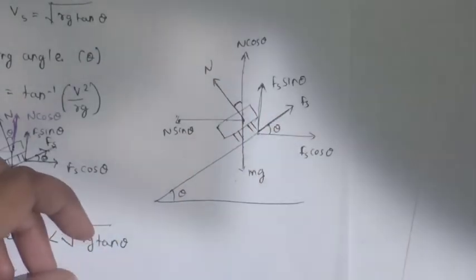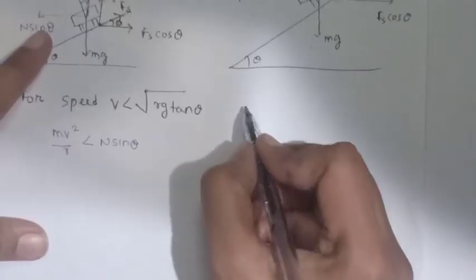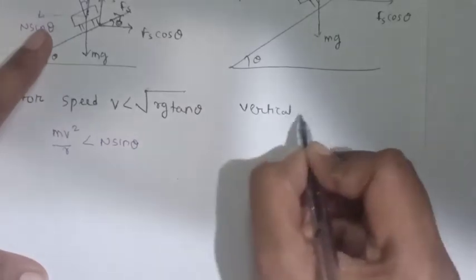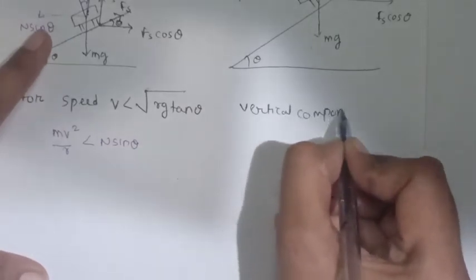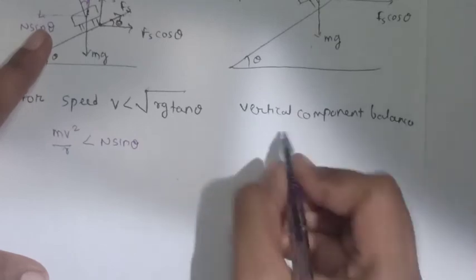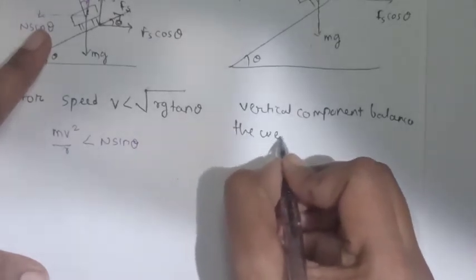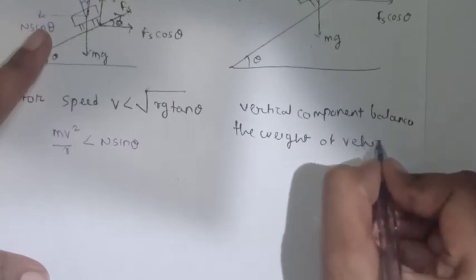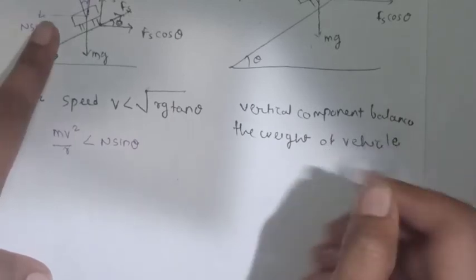Okay, so write down that. You may write it like this: the vertical component balances the weight of the vehicle.